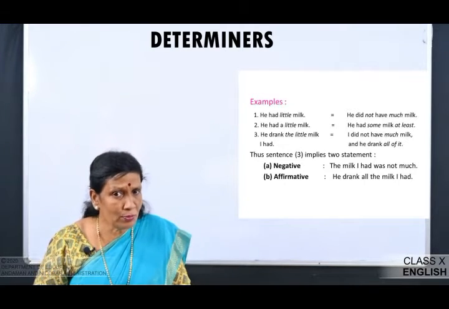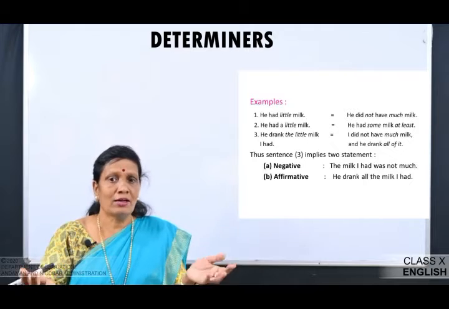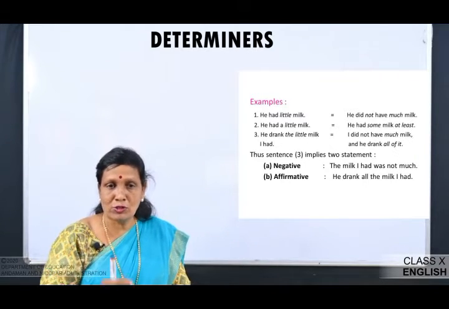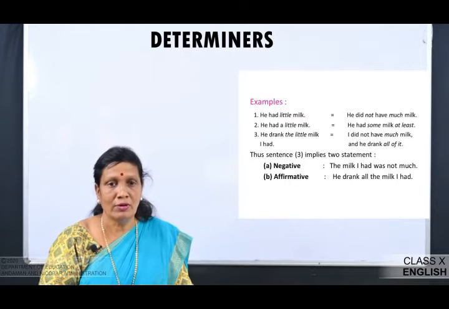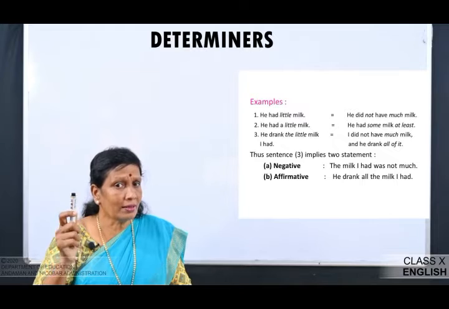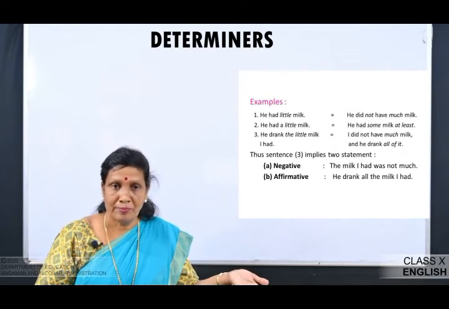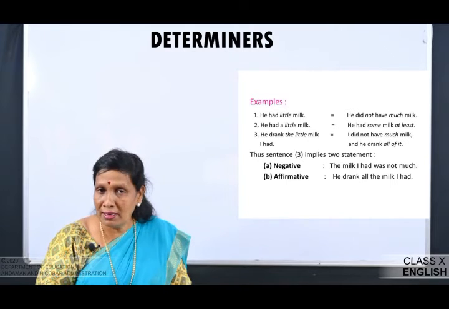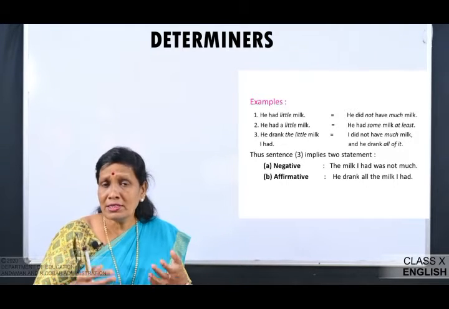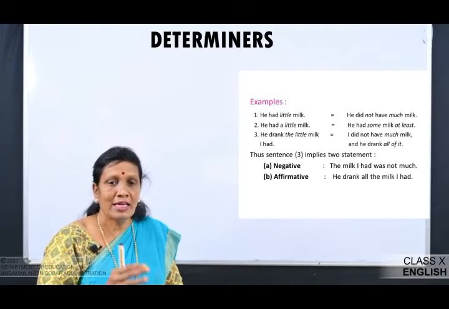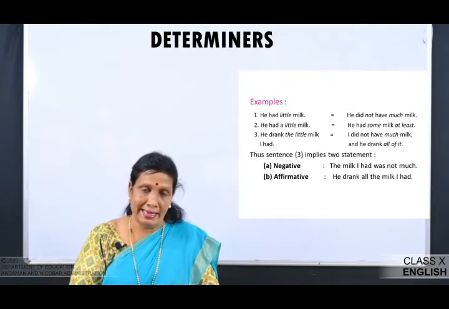I did not have much milk, and he drank all of it. Thus, sentence 3 also has got negative and affirmative sentences. For example, negative: the milk I had was not much. I had little milk. But the positive or affirmative type is he drank all the milk I had.